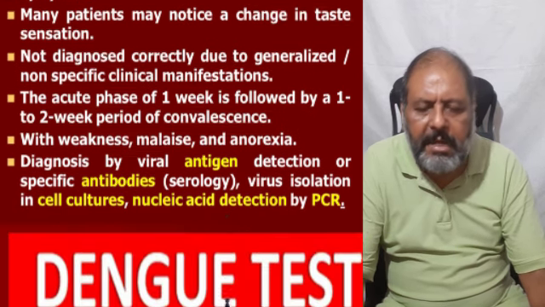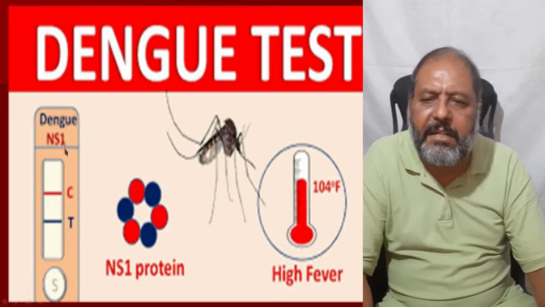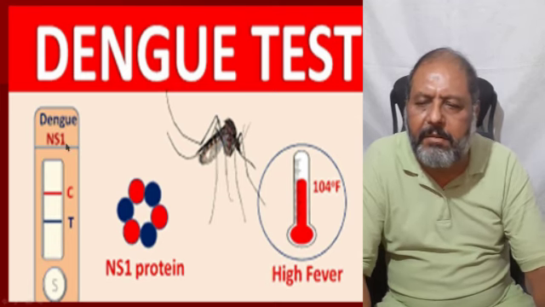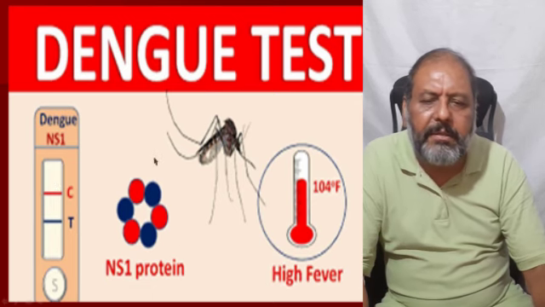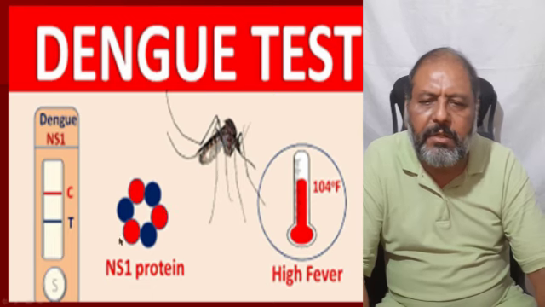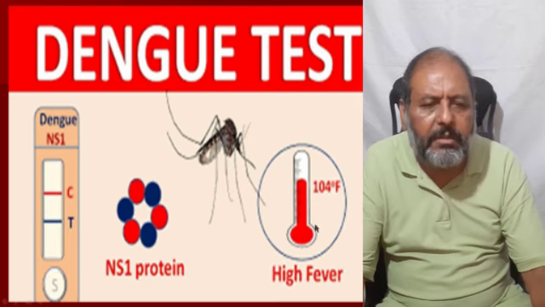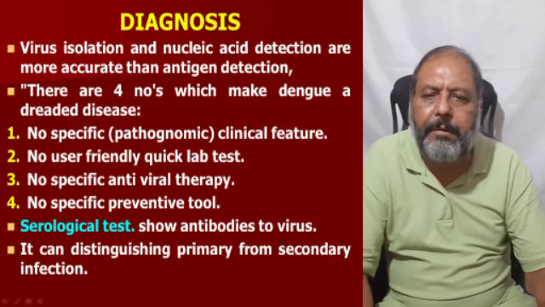The dengue test is done by NS1 detection. The NS1 protein is part of the dengue virus which is detected by this strip, and high fever is also a clue that the patient has dengue fever.